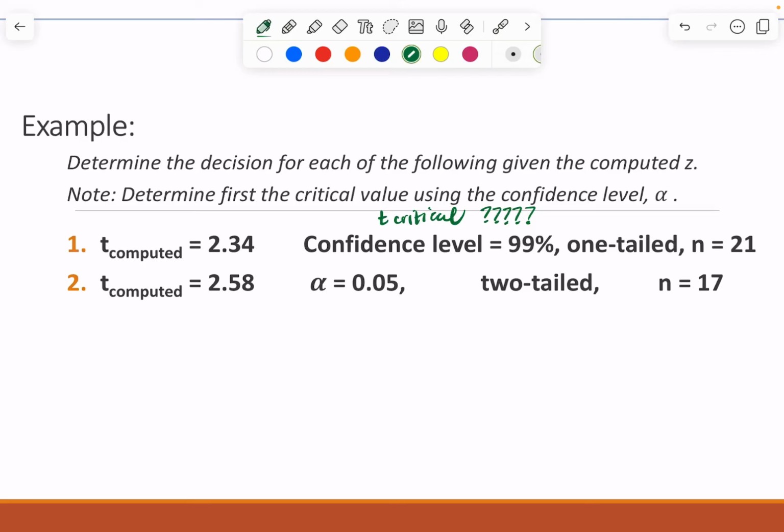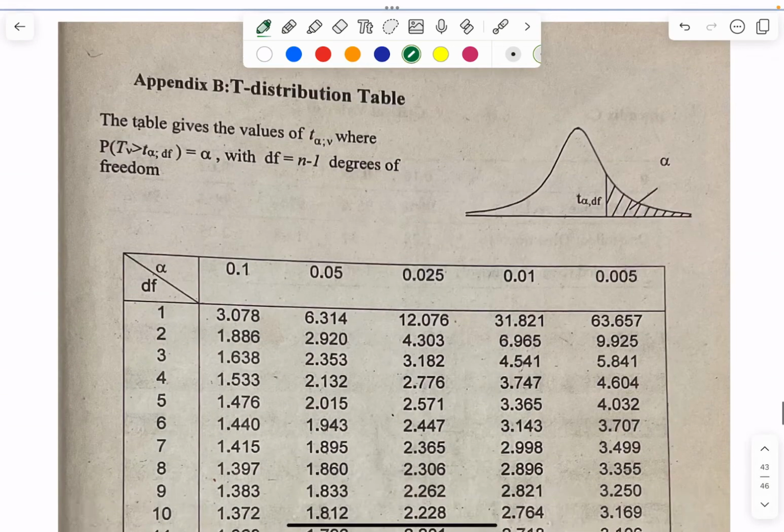For z-critical, we have a shortcut table that directly shows the critical values of z. For t-critical, there is no shortcut version of the table. The only table that we will use is the original one.